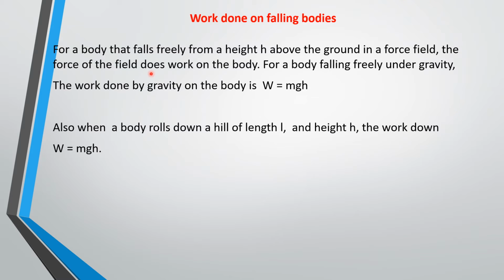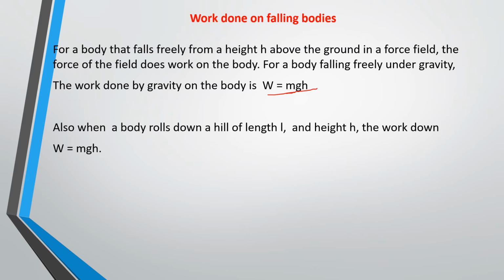Before we solve any problem, we also look at work done on falling bodies. For a body that is falling freely from a particular height, the work done is equal to mgh, which is mass times acceleration due to gravity times height.